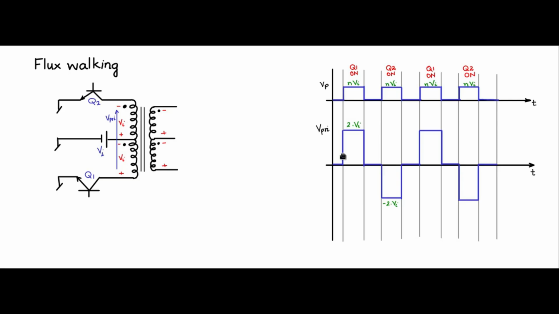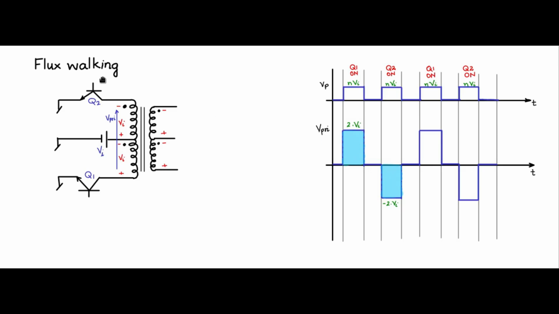Now let us see the problem. What is the problem? In a practical circuit, when all the devices are considered ideal, we expect that the positive volt-second area and the negative volt-second area should exactly balance, so that there is no average.